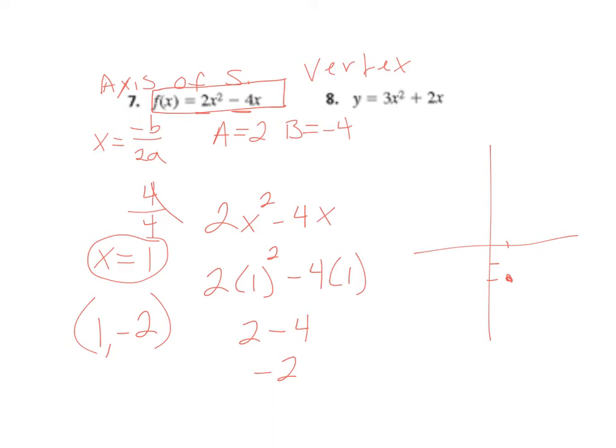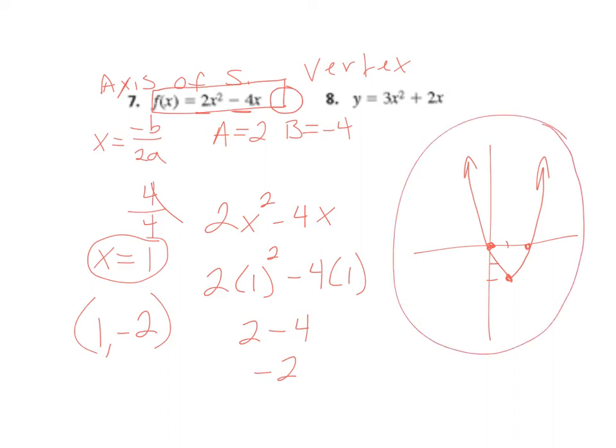I know that the y-intercept is c, and c is 0. There's nothing there. And so I can come up with a graph that kind of estimates what this would look like. It looks something like this. Alright, let me clear this up and we'll look at number 8.